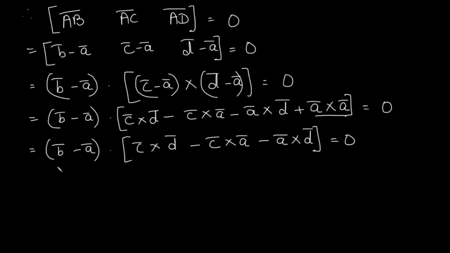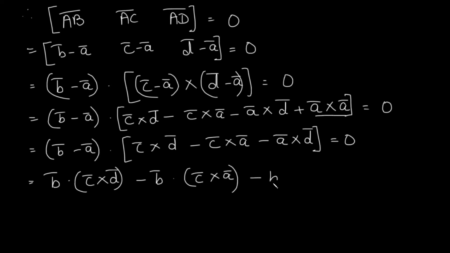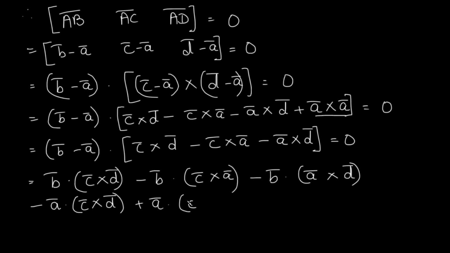Now we open the bracket and both the brackets are open and we get B dot C cross D minus again B dot C cross A minus again B dot A cross D. And similarly minus A dot C cross D, minus into minus plus A dot C cross A and again minus into minus plus A dot A cross D is equal to 0.